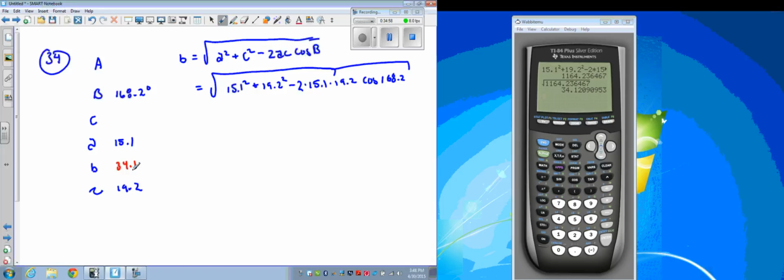One of the two remaining angles, so it's A. So we're going to do the sine of A equals, and it's going to have to be the sine of B over B, and then multiply it by A. So A is going to be sine inverse of the sine of 168.2 over B, which is 34.1, times the 15.1, right?